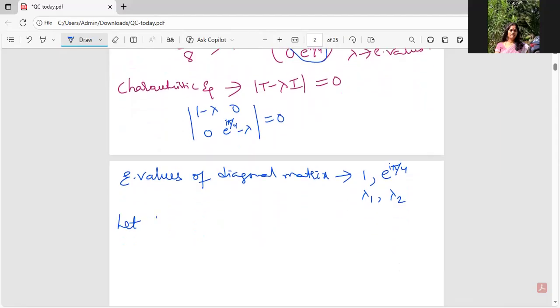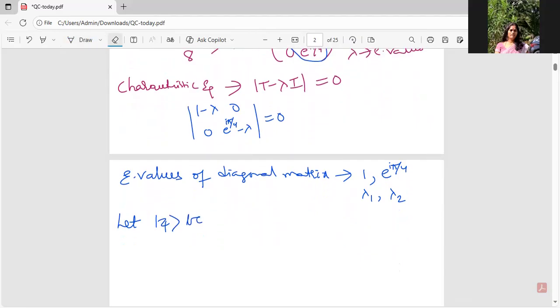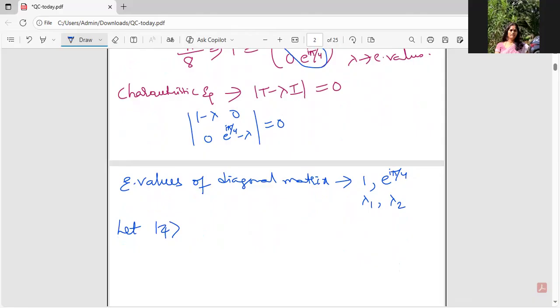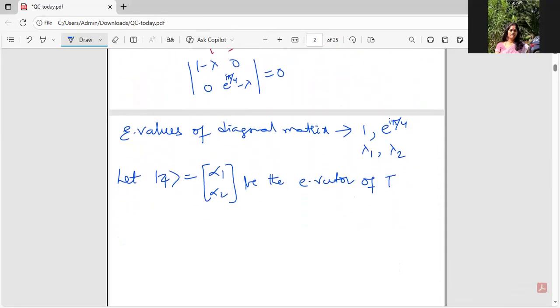Let ket xi be the eigenvector. Let me define how ket xi looks: ket xi equal to (alpha 1, alpha 2) be the eigenvector of T. Then what I need to consider is T ket xi equal to lambda 1 ket xi. Let it be xi 1, guys, hence I am considering lambda 1.